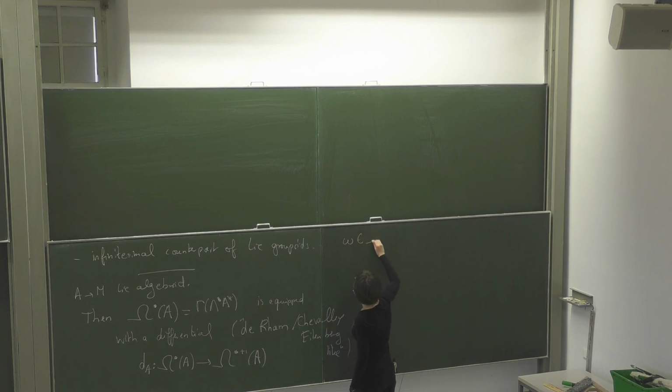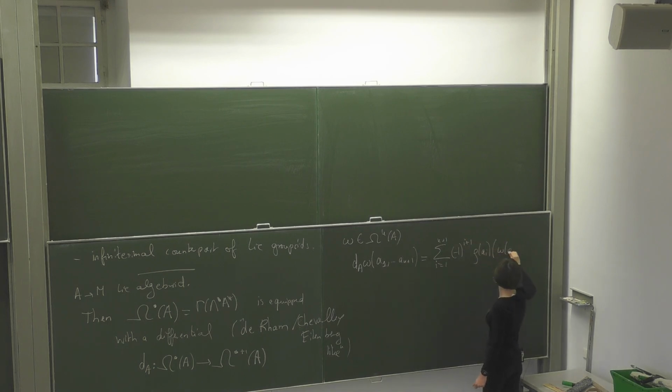If you have a k-form omega on A, then d_A omega is going to eat k plus 1 sections of A, and it's the sum, i equals 1 to k plus 1, of minus 1 to the i plus 1, then you have rho of a_i eating omega of a_1, removing the i-th section, up to a_(k+1), plus the sum over i smaller than j of minus 1 to the i plus j, and then you insert the Lie bracket of a_i and a_j in the first entry, and you remove those later.